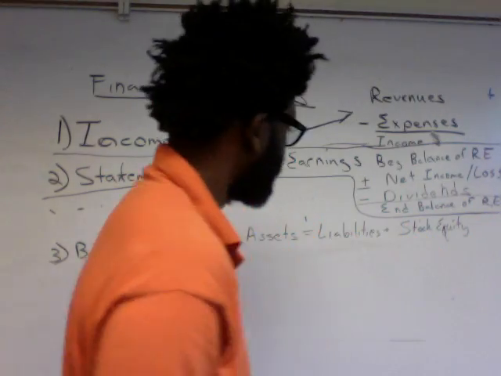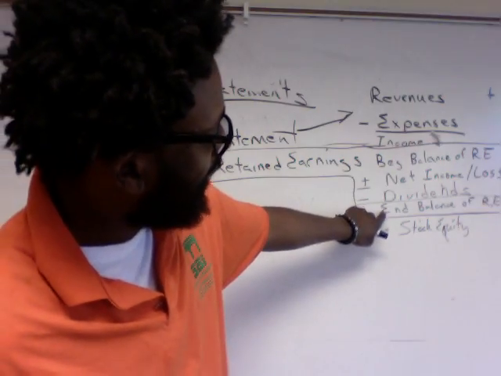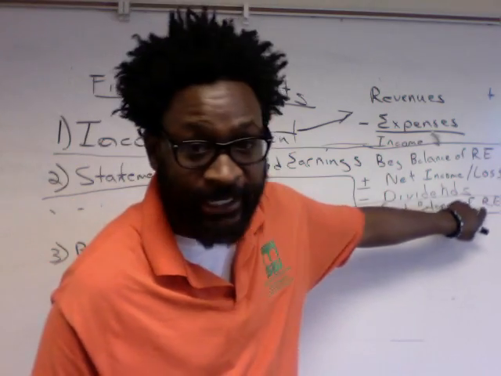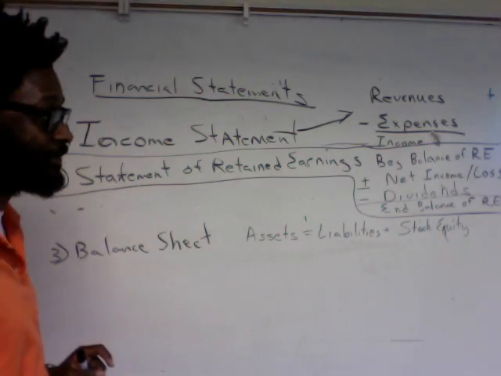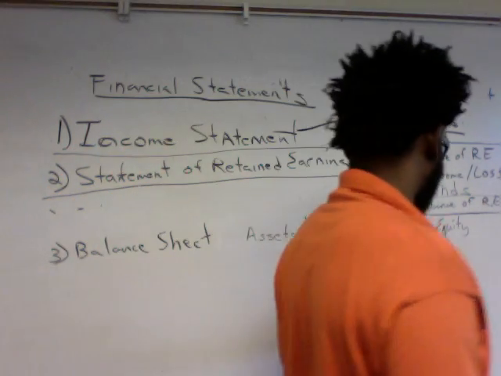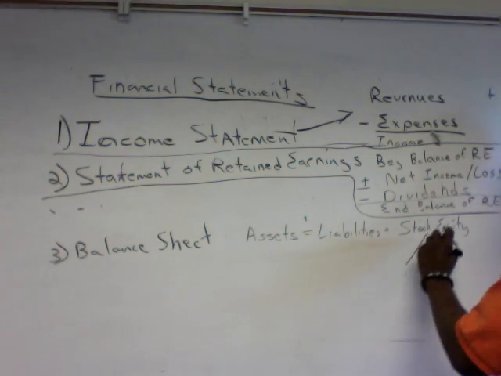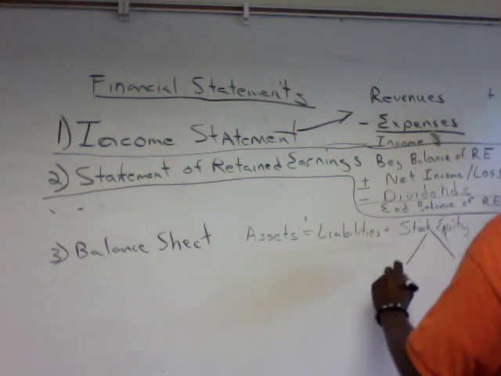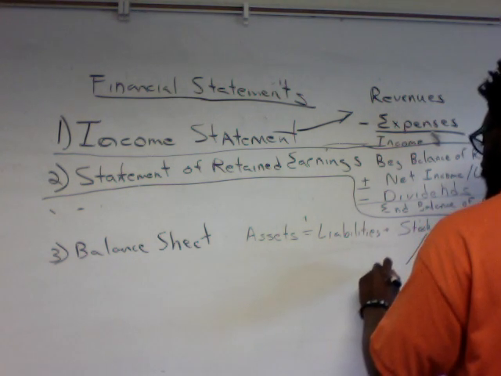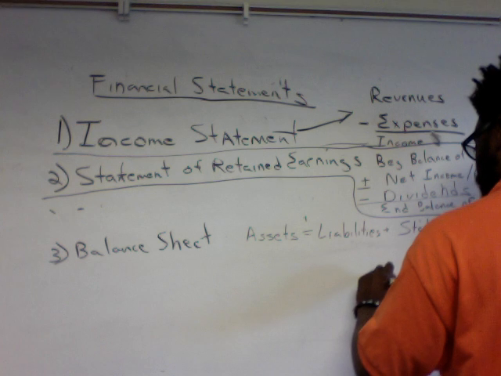Now, this ending balance of retained earnings that you're going to calculate from your statement of retained earnings, let's talk about that. Our stockholders' equity is broken down into two parts, right? The two parts of our stockholders' equity are paid-in capital, which is really issuing what?